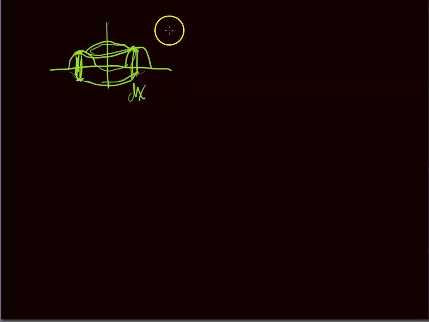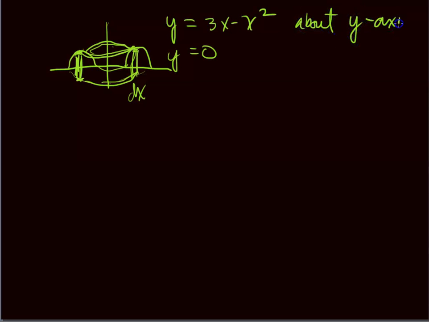So if this is the function, let me look at this again, 3x minus x squared, and y equals 0, of course, for the x-axis. And we're doing this about the y-axis. Now we can say this radius is just x, and I'm giving these numbers, but it may or may not just go up to 3 here.